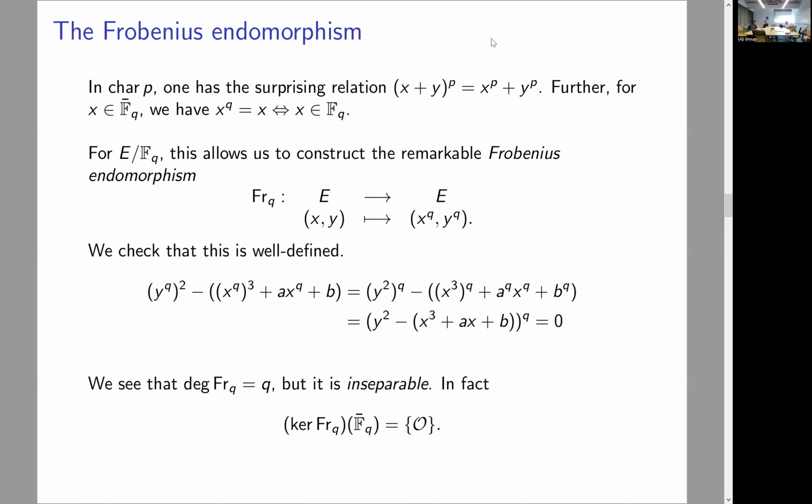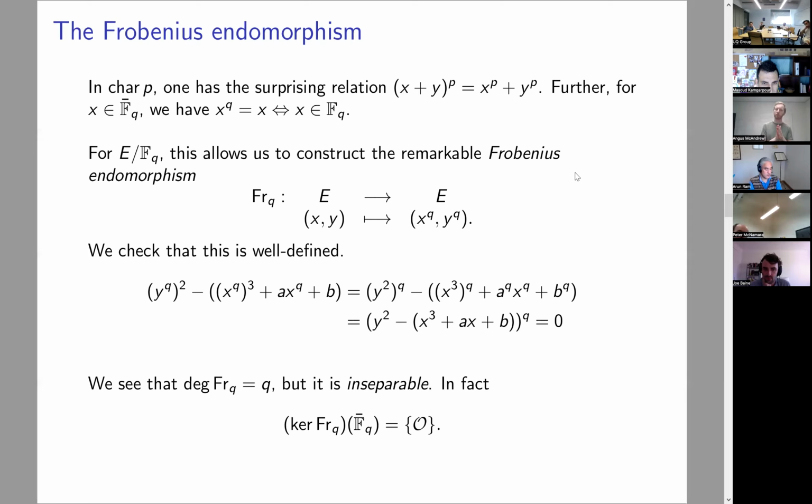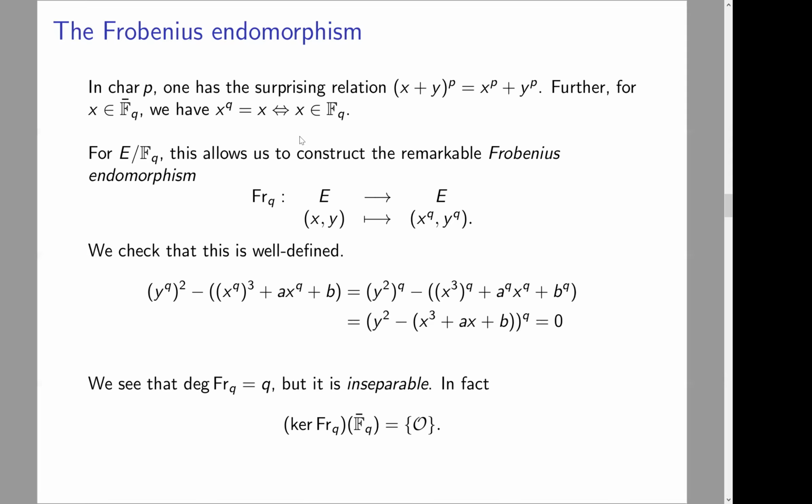Another interesting thing about this map raised to the power p is that if I take any element of F_q bar, the algebraic closure of F_q, so x may be in F_q, it may be in some extension, it may satisfy some polynomial relation over F_q. It turns out that if this element x satisfies the property that x^q equals x, then it must be an element of F_q.